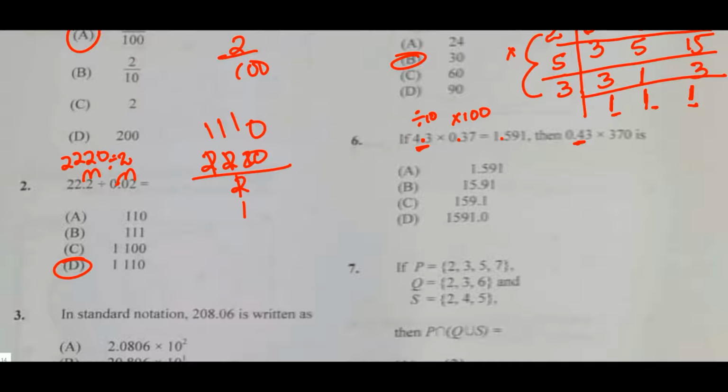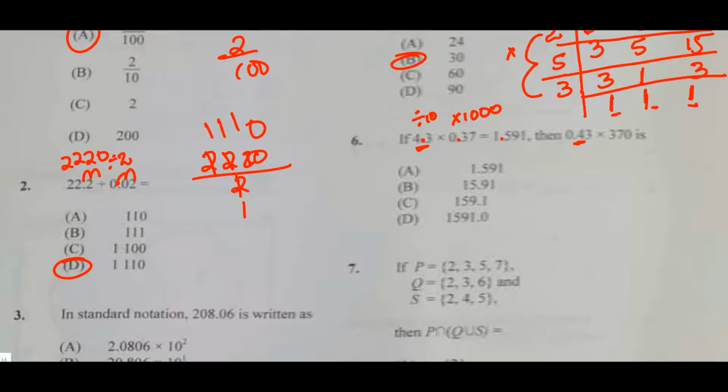Alright? So we divided by 10 because 4.3 would have to be divided by 10 to get 0.43. See that? Then you have 0.37 becomes 370. So this means that it was multiplied by 1000. Sorry, 1000. So hence we're going to divide this answer here by 10.